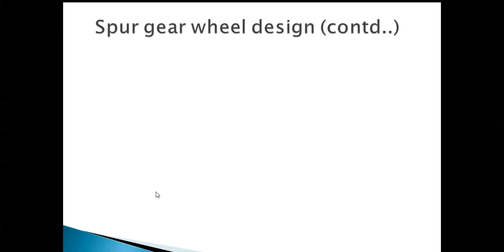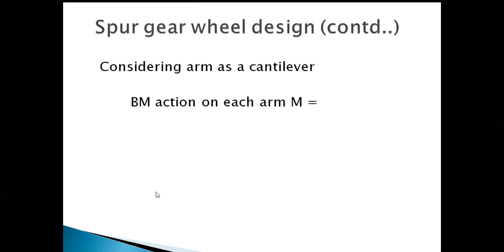Here we are considering the arm as a cantilever beam, because it is fixed to the hub at one end and free at the other end. The load is acting at the free end only, because the tangential force acts only at the tooth, as the gear-to-gear contact is at the tooth, so the power is applied at the tooth only.